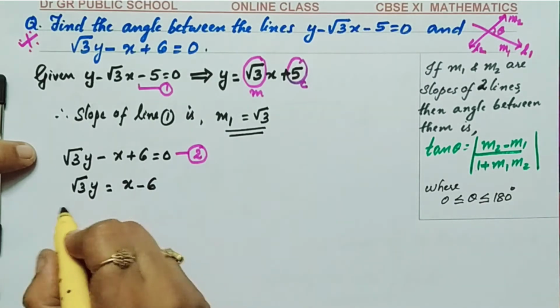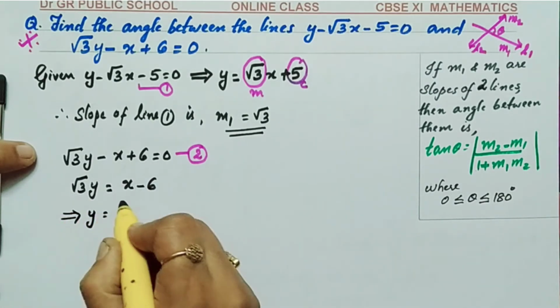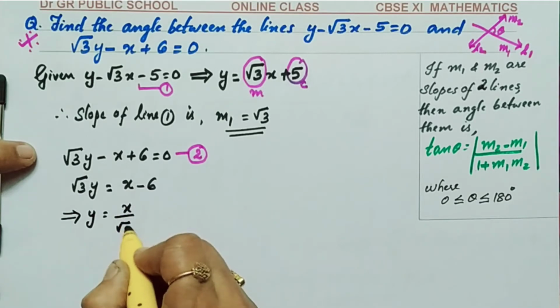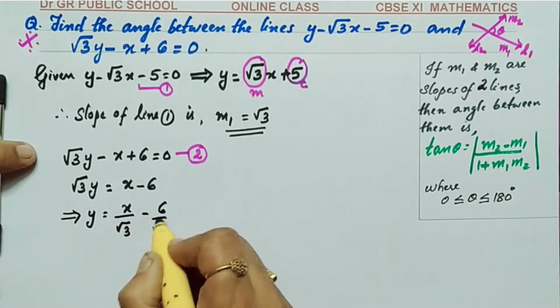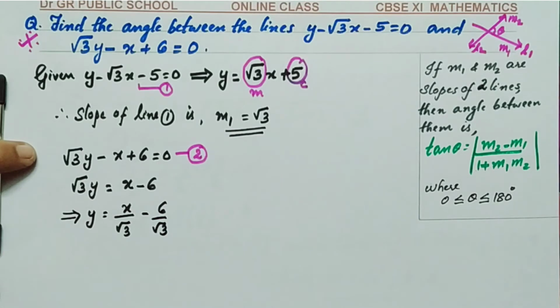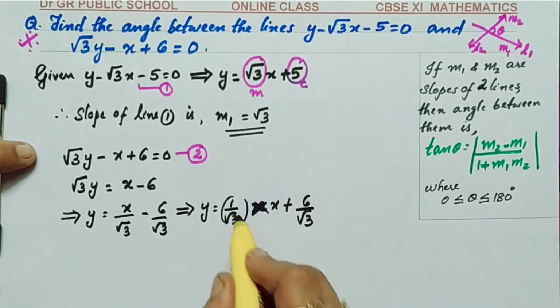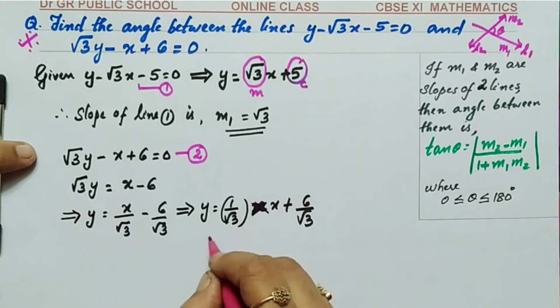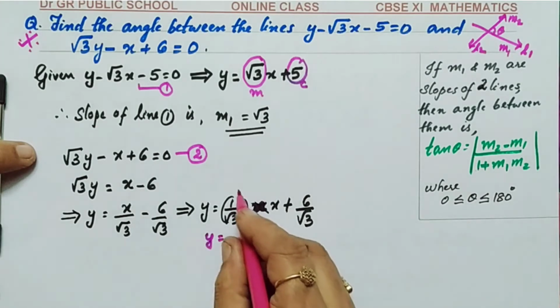Dividing throughout by root 3, you get y equals x by root 3 minus 6 by root 3, which is of the form 1 by root 3 into x minus 6 by root 3.